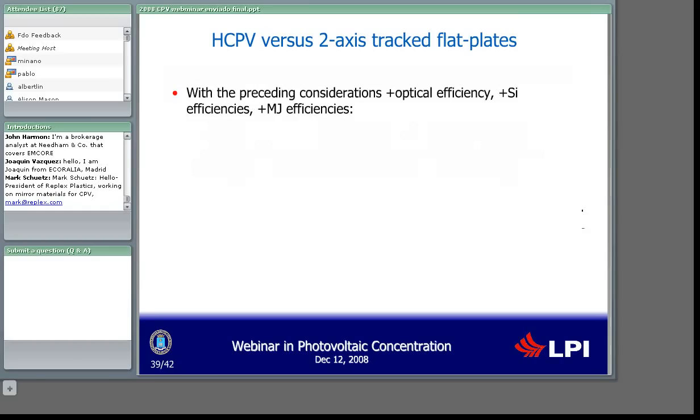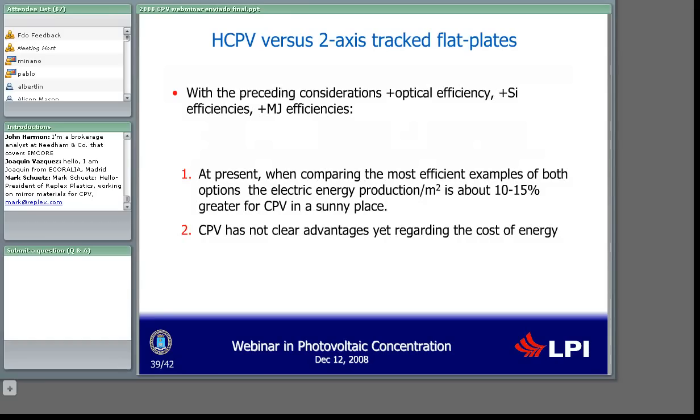Taking into account the preceding considerations, plus the optical efficiency and the silicon and multi-junction cell efficiencies, we get that at present, when you compare the most efficient examples of CPV and flat PV, the electric energy production per square meter is only about 10 to 15% greater for CPV systems in a sunny place.